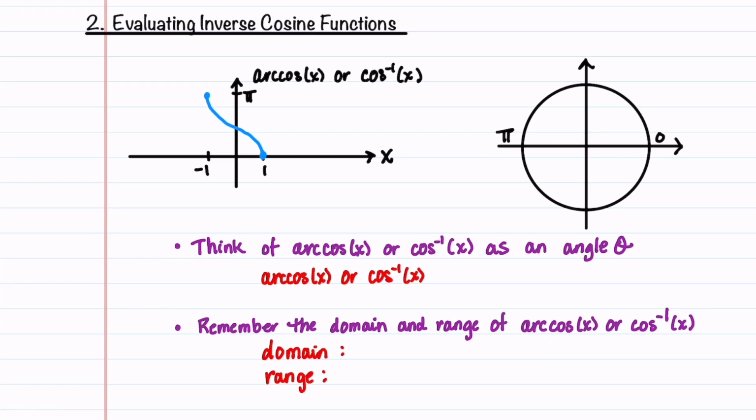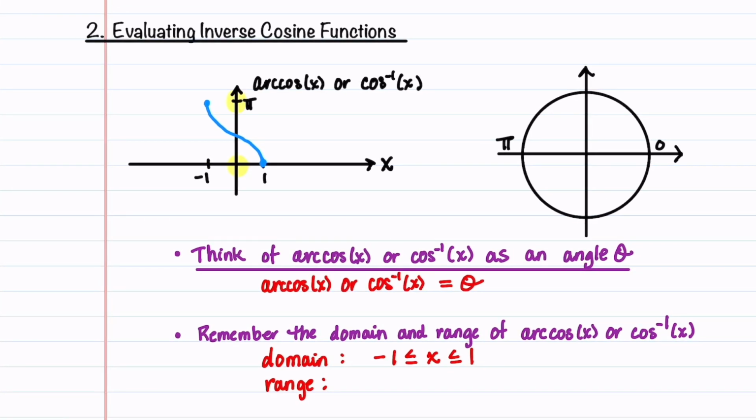Let's now look at some inverse cosine example problems. We'll think of arccosine x or inverse cosine x as an angle theta, and we'll set arccosine x equal to theta. Arccosine is defined for values between -1 and 1, and is equal to an angle between 0 and pi.